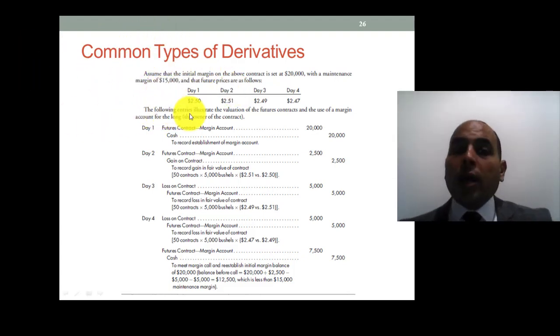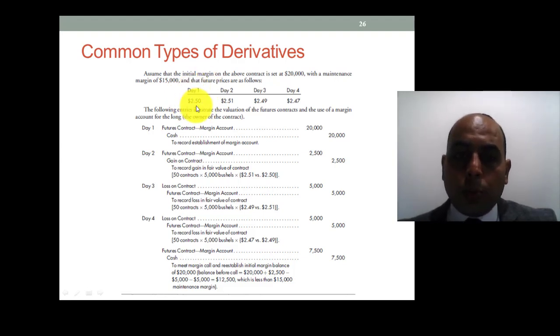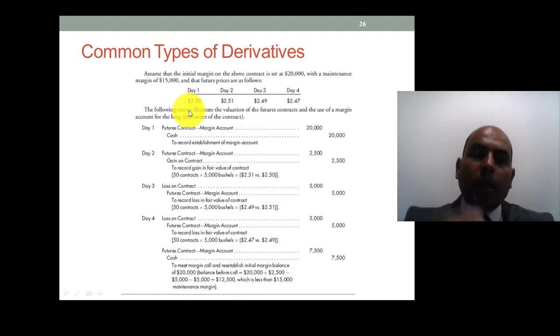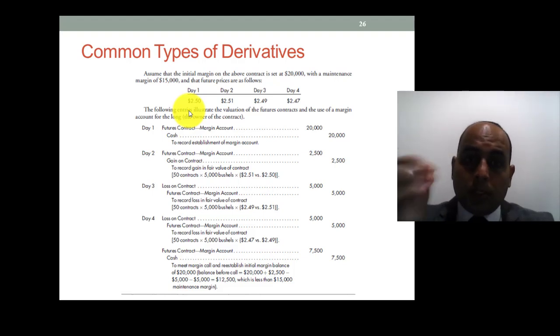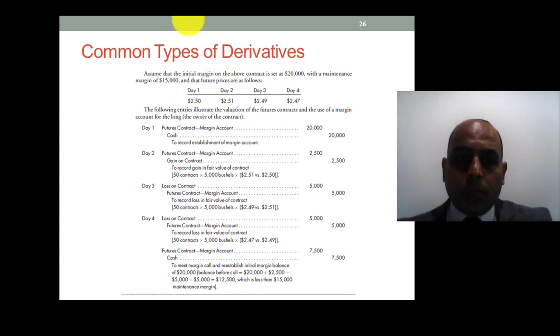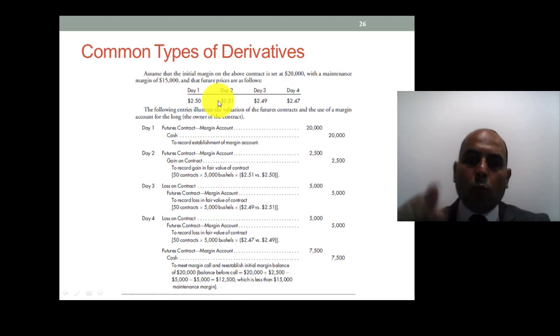So when I buy something at 2.5 and this commodity increased to 2.51, it means that I earned a gain in this case. So we have to record it. The gain is the difference between 2.5 and 2.51. We are talking about 0.01.